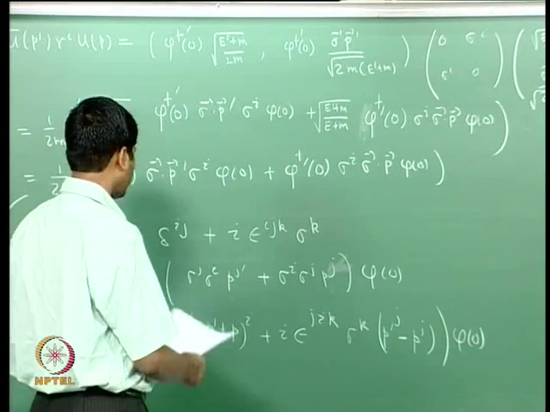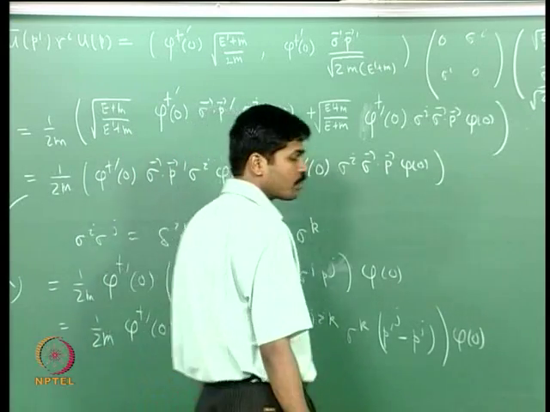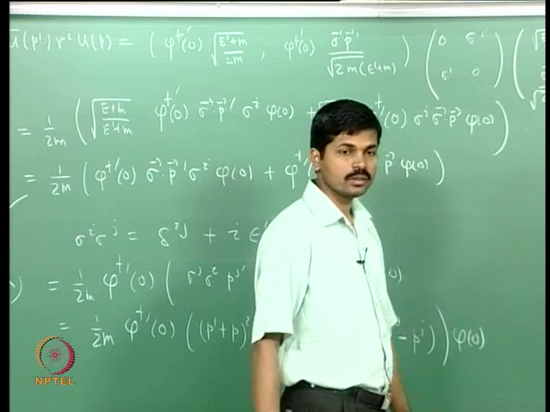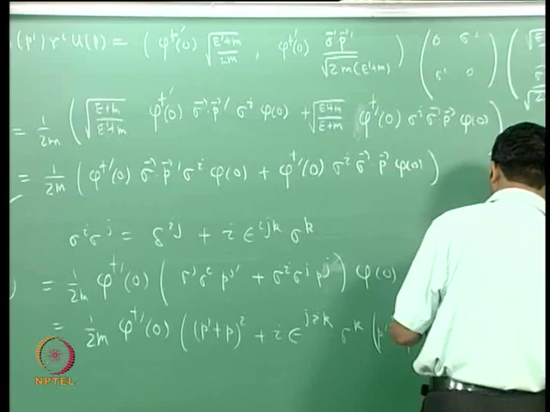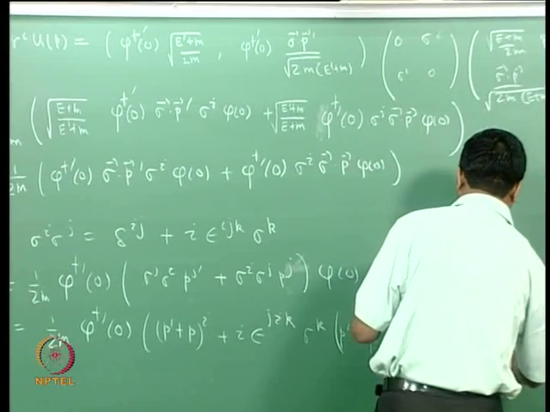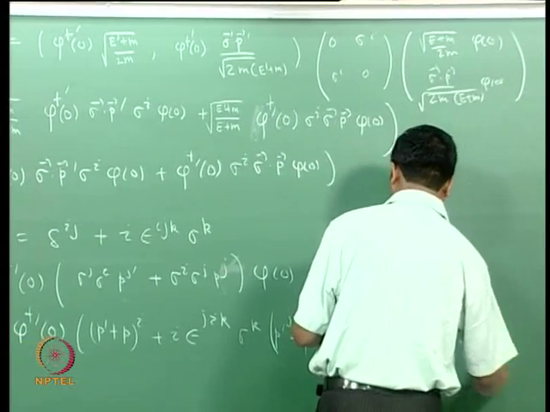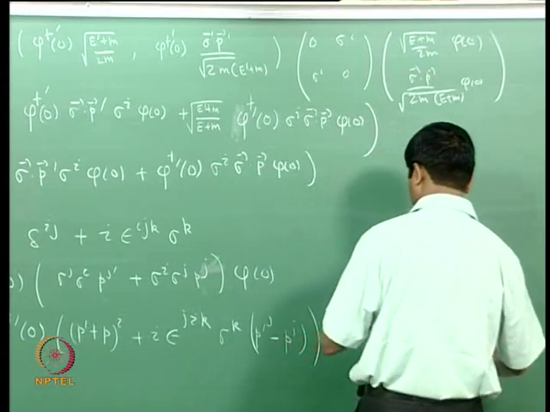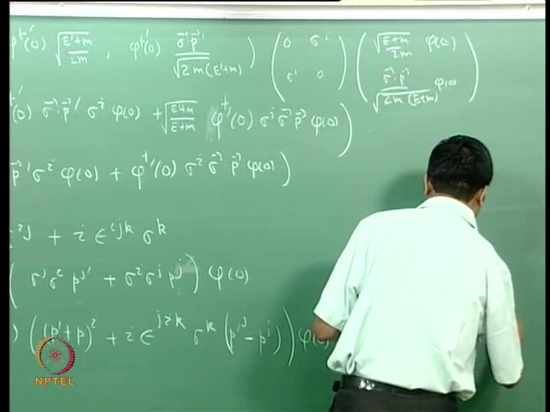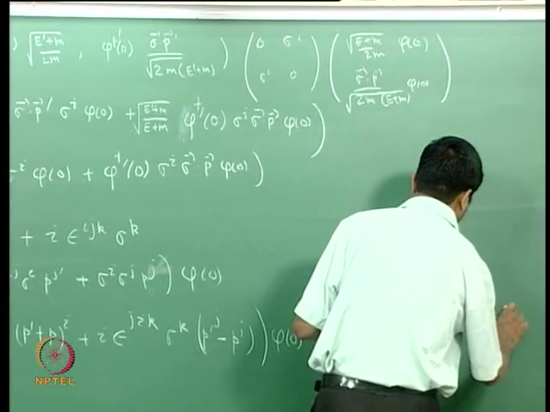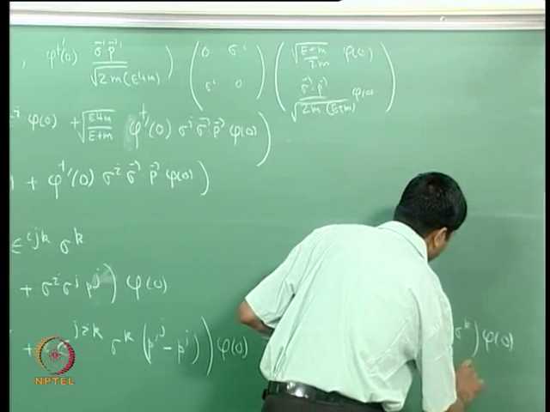So, if I just want to keep the term which is linear in q j, then this will simply be phi dagger prime of 0 and minus i over 2m epsilon i j k q j sigma k phi of 0 plus all other terms.